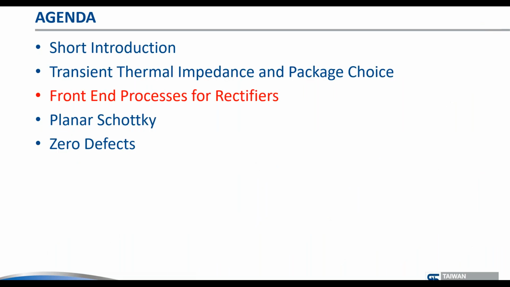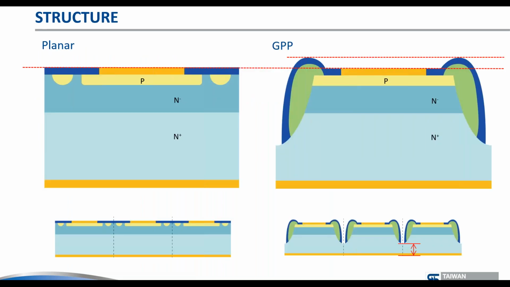So let's go to the front end in this case. We're going to run through the front end processes for rectifiers, and we're not going to go into detail, but GPP in this case stands for glass passivated pellet, with a bit of a weird name.